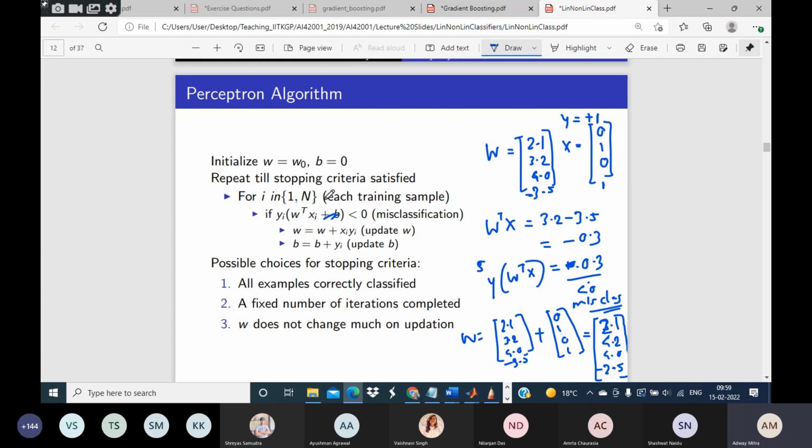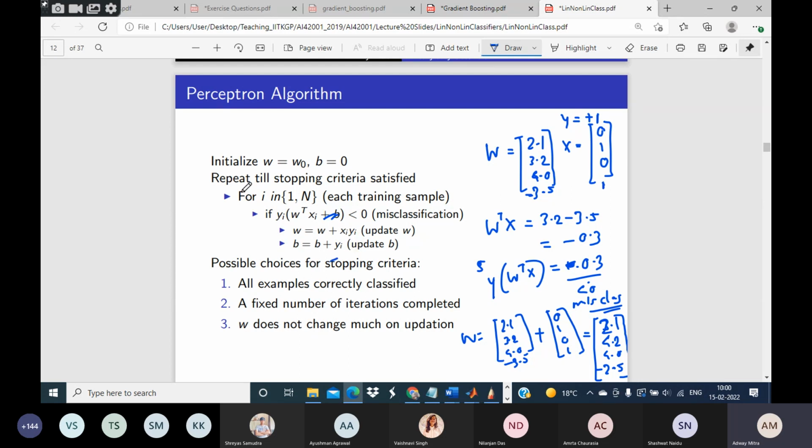So this way you make a pass over all the n data points. Now you note how many mistakes you made in the whole pass. Then you again start from the first point, because the first point you had tried to classify with respect to your initial estimate of W, which is W naught, but after that W has been modified many times.